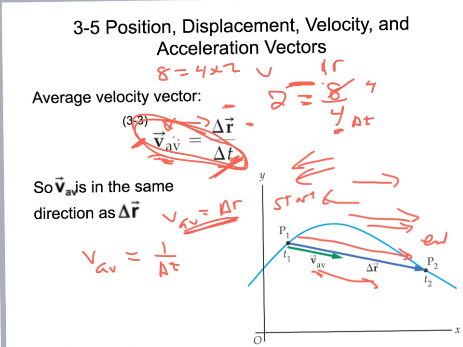If we cut our 8 in half, we get a 4, and 4 over 4 is 1, not 2. So that means we have to cut that in half as well.